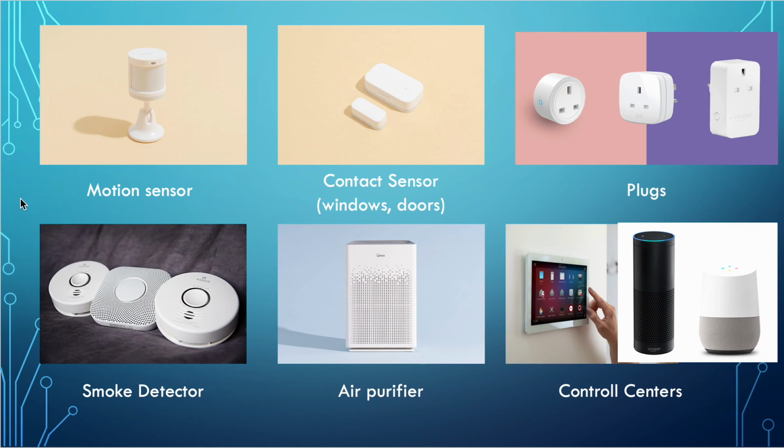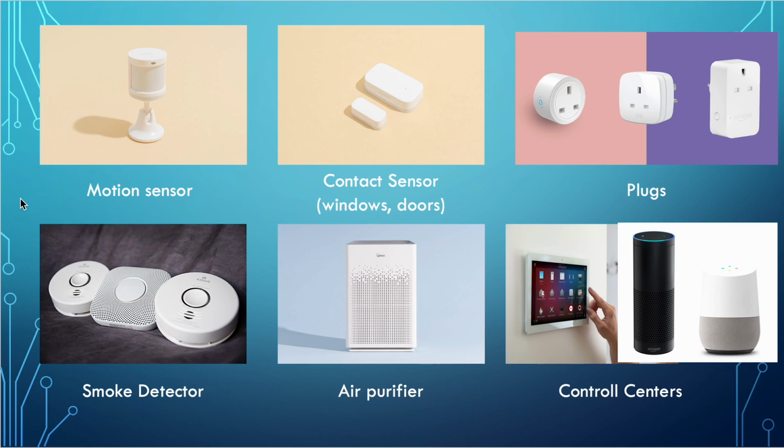Motion sensors are mainly used to see if there is some movement of an object or a person, even an animal nearby. The applications of motion sensors are endless. So one of the main applications is again like security cameras. This is for security purposes.